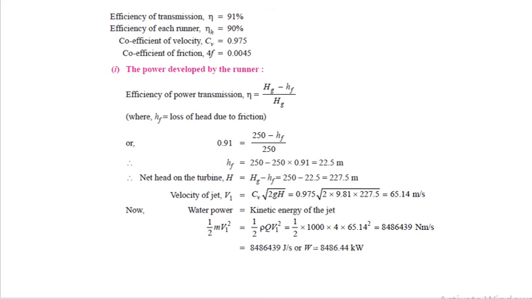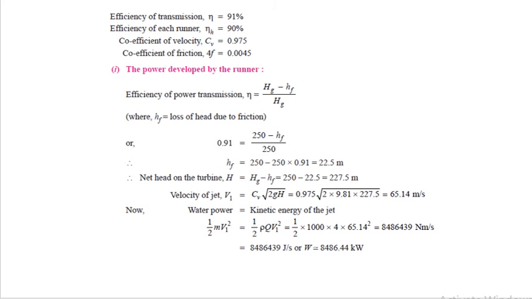Hg is given, η is given, so you can calculate Hf. Hf is 22.5 meter. It means this head is lost due to friction in the pipes. So now we can calculate net head on the turbine, that is Hg minus Hf, that is 227.5 meter. You have the value of H, you have Cv. With these two values you can calculate absolute velocity, that is V1 = Cv √(2gH).